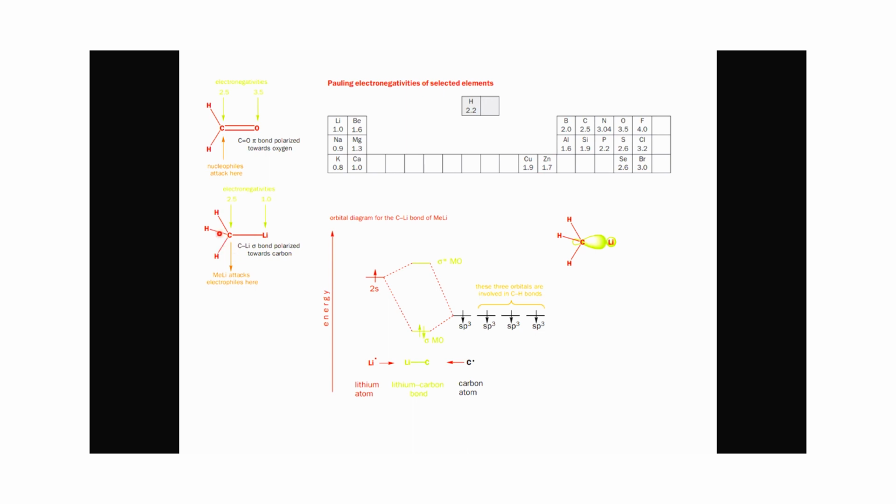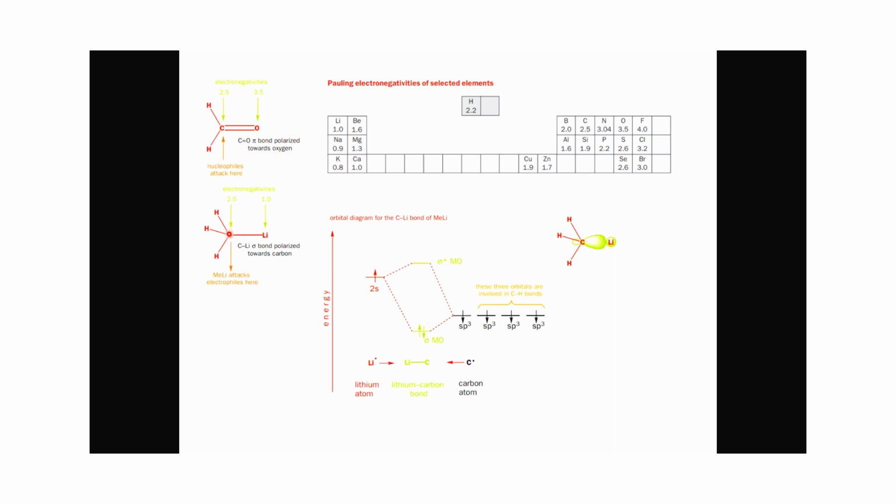Here, this center will attack this center, because when we compare the electronegativity of carbon and oxygen, oxygen is more electronegative and the C-O pi bond will be polarized towards oxygen. Here there will be positive, here there will be negative.